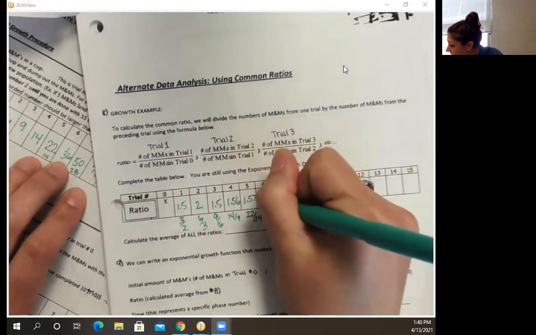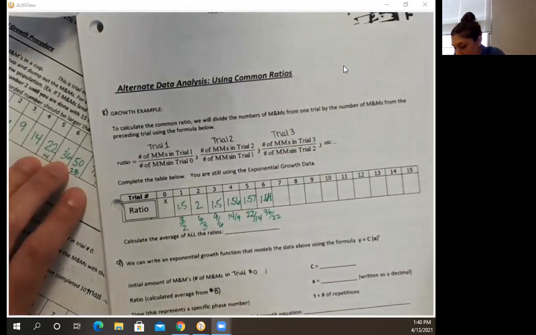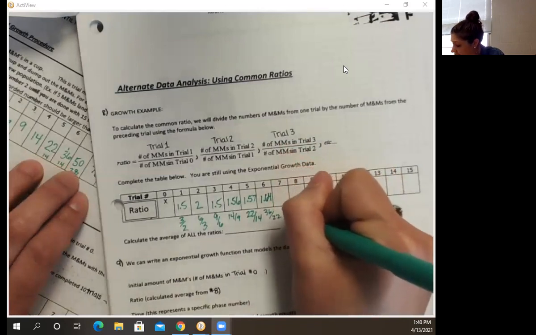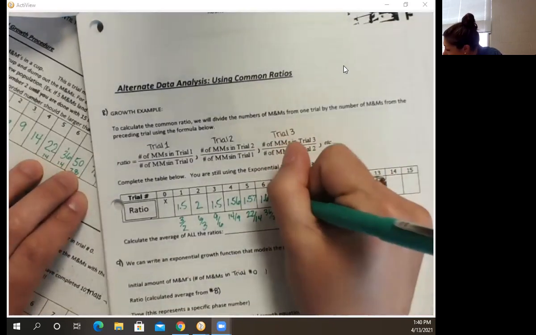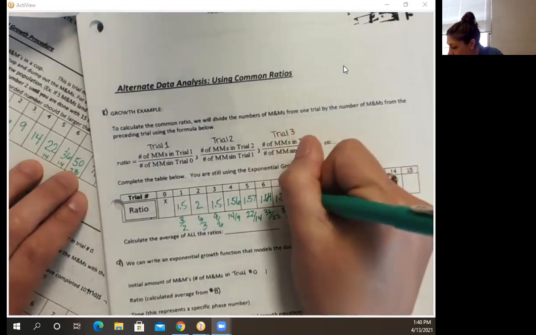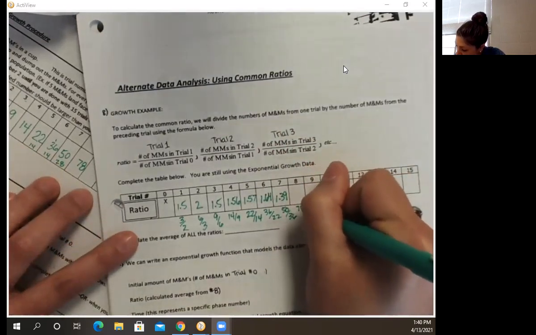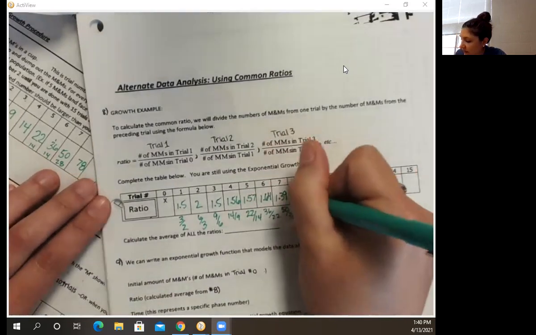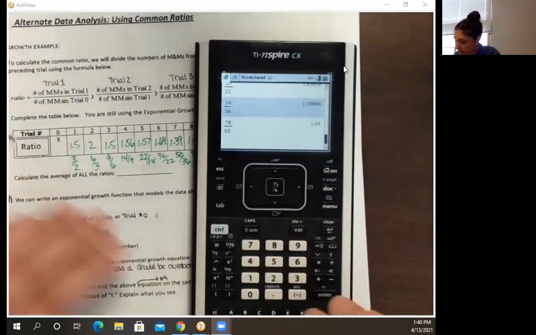That gives us 1.636, so I'll do 1.64. 50 over 36 gives us 1.38 repeating, so 1.39. And then finally 78 over 50. That gives us 1.56.